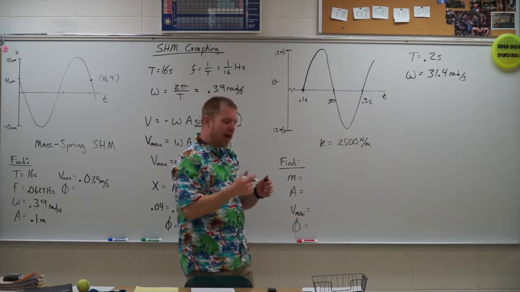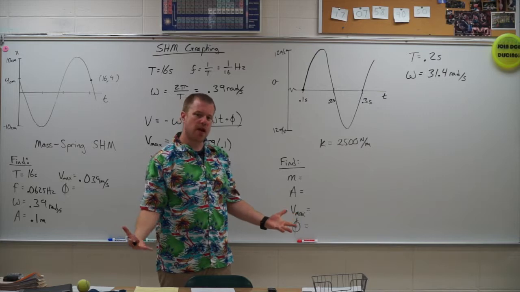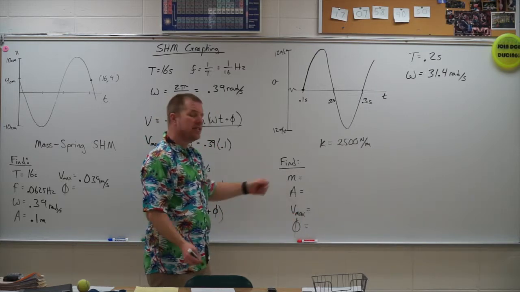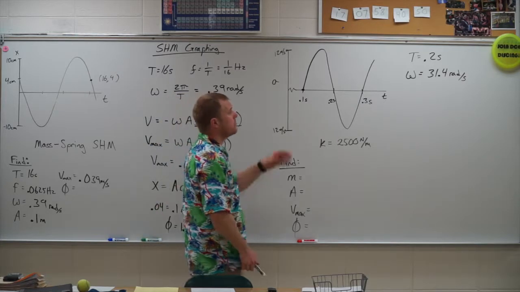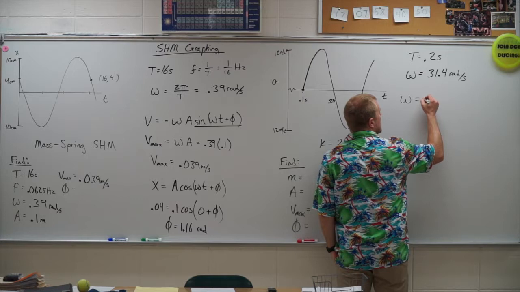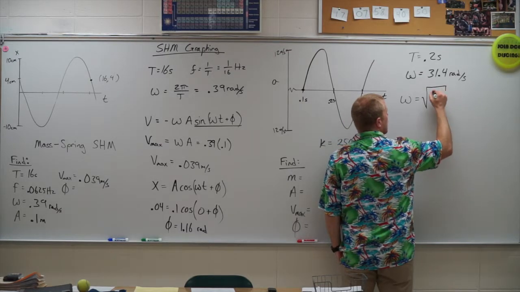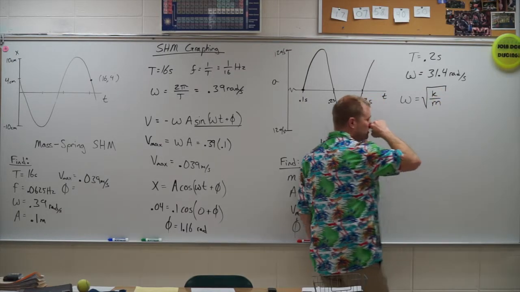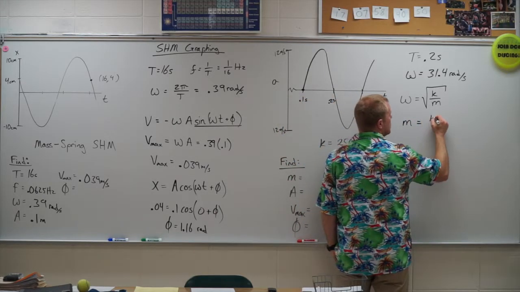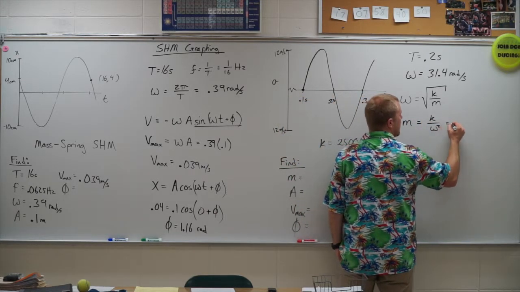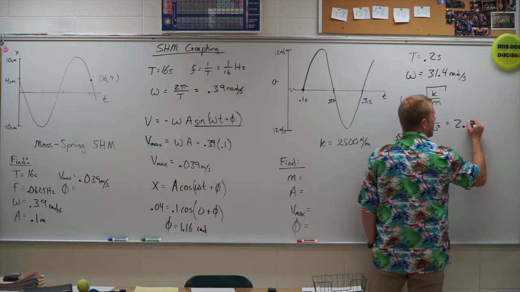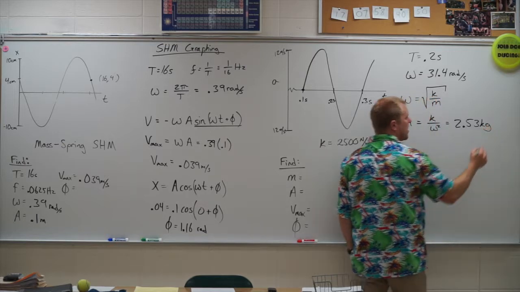So now that I have omega, I'm able to do some more stuff. My next step is I want to find the mass. I do know this is simple harmonic motion for a mass spring system, so I know that omega is equal to the square root of k over m. If I solve this, I find that m is equal to k divided by omega squared, and I end up with a mass of 2.53 kilograms.